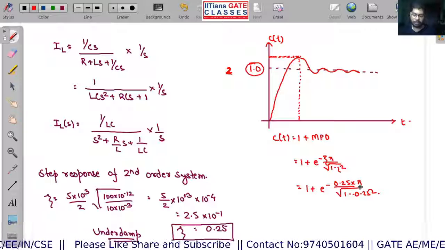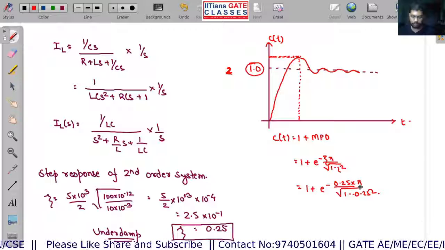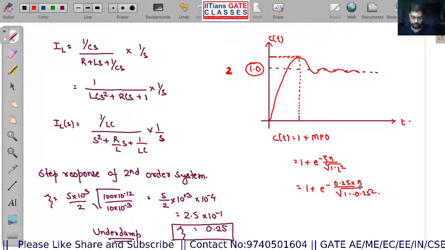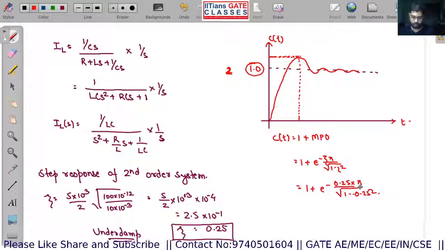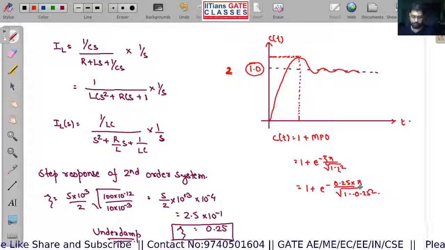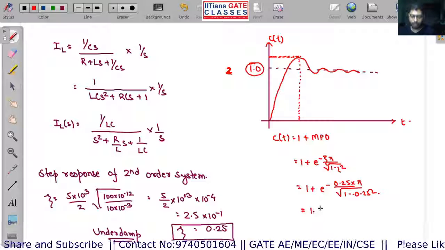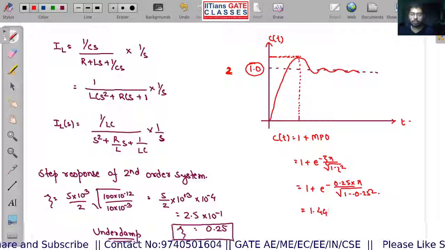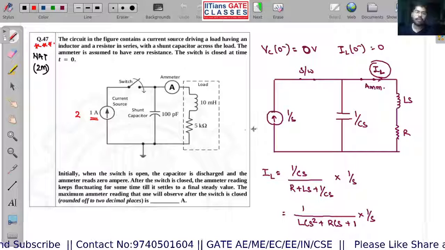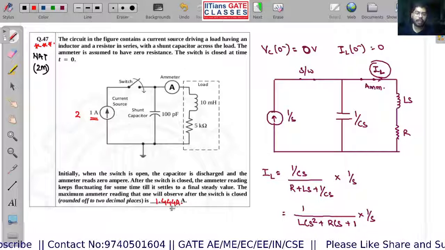Let me put the values. This value comes out to be 1.444 ampere. So the maximum value is 1.444 ampere.